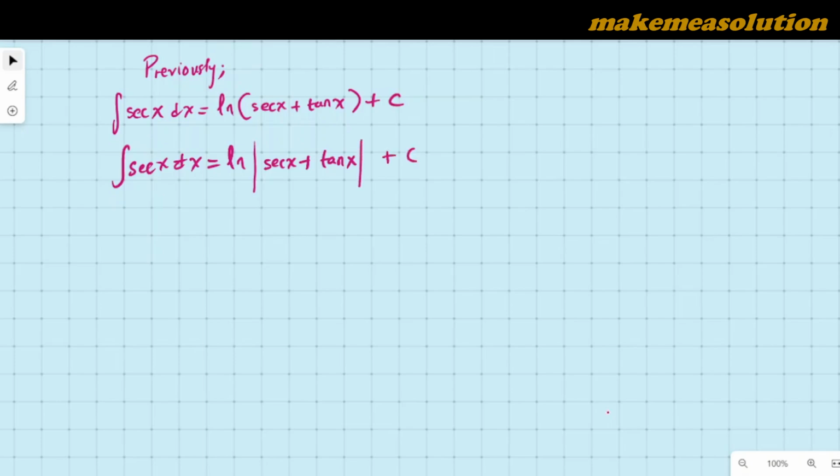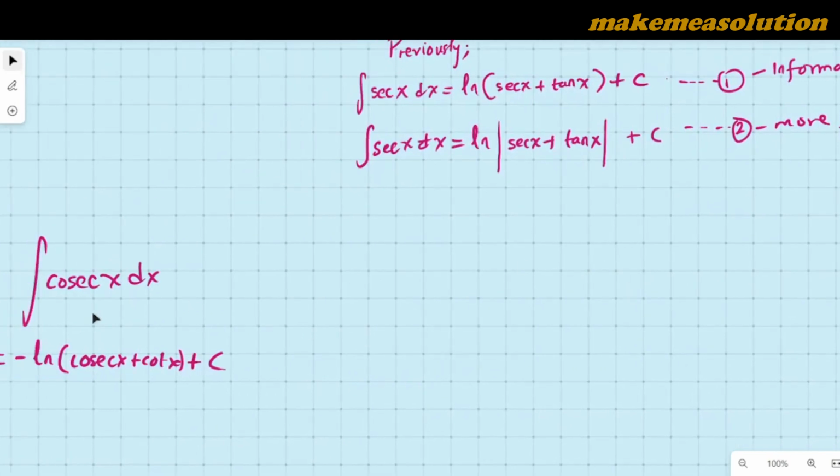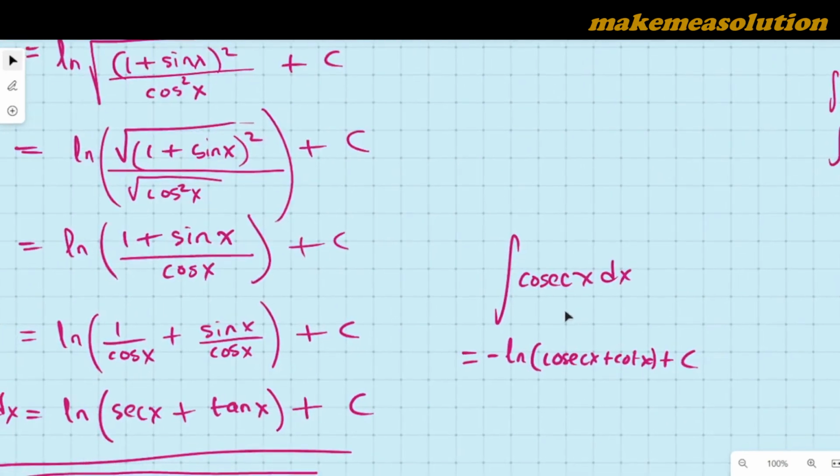So this first one is just the informal way of writing it, but this one is more formal, and the reason can be explained if we trace our steps back to this point. We're going to trace our steps back to this point over here.